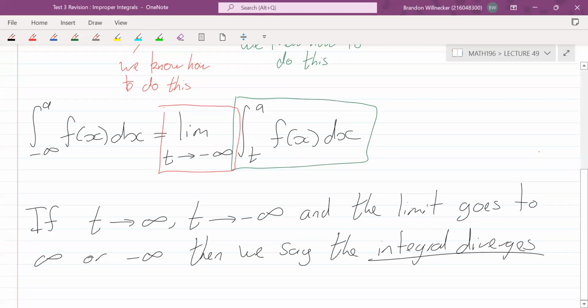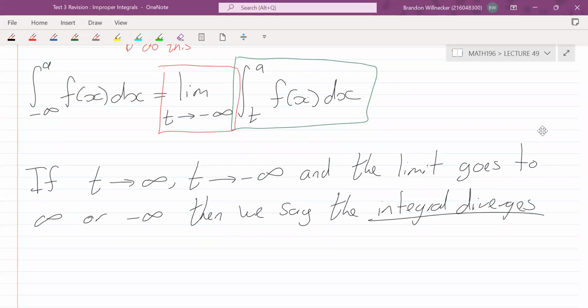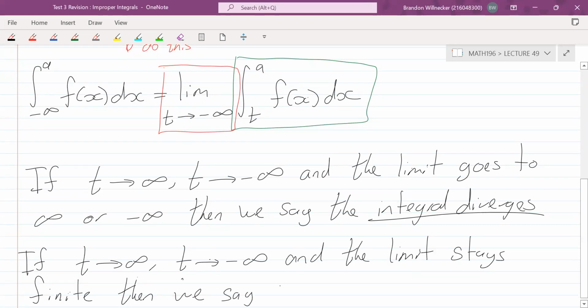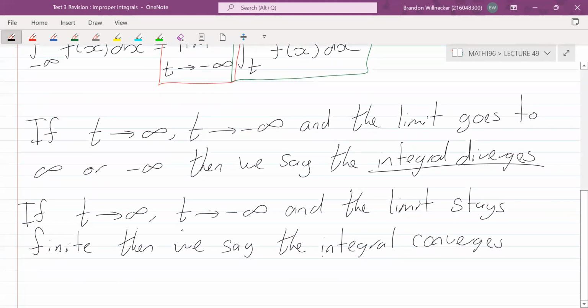If your limit goes off to infinity when t goes to infinity, then the integral diverges. If t goes to infinity, or t goes to minus infinity, and the limit stays finite, then we say the integral converges. And it converges to whatever your limit value is.